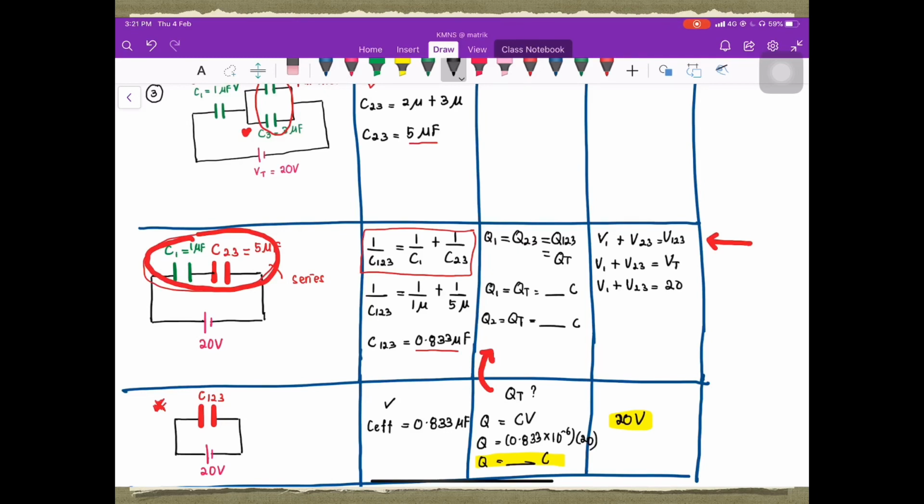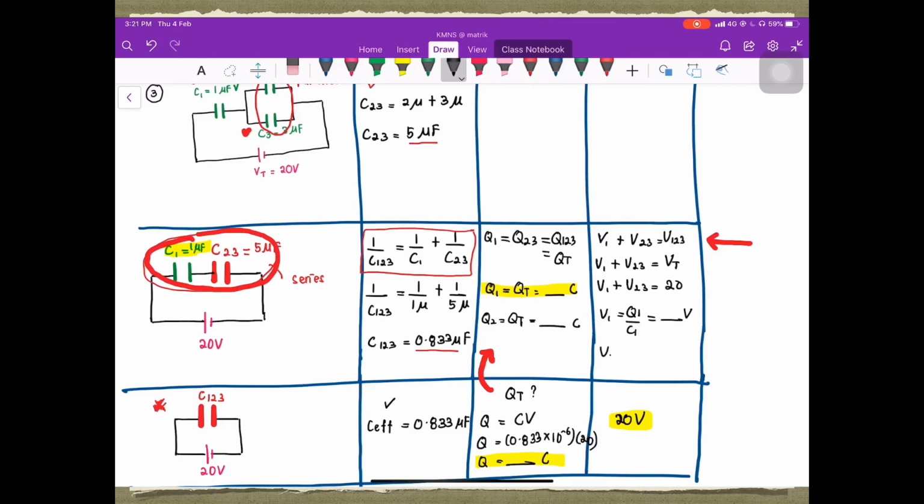Okay, so can we determine V1? Q1 over C1. Where is your Q1? Q1 we get from this column. And where is your C1? The value of C1 here, 1 microfarad. So we will get V1 in volt.